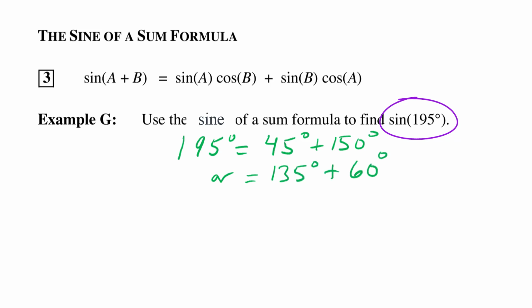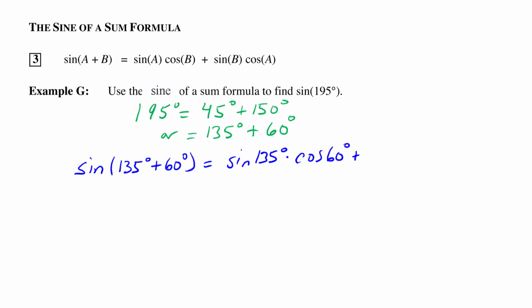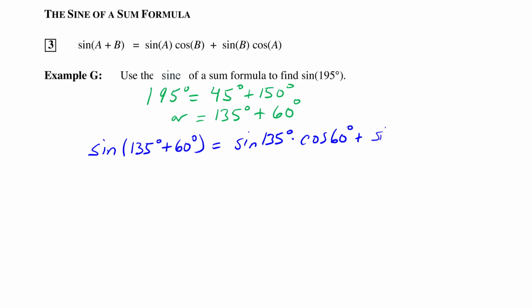We can use either one, and it doesn't matter which one we use, we will get the same result in the end. Let's go ahead and use the sine of 135 plus 60 degrees. Sine of the first, cosine of the second, plus inside, plus outside for the sine, sine of the second times cosine of the first.